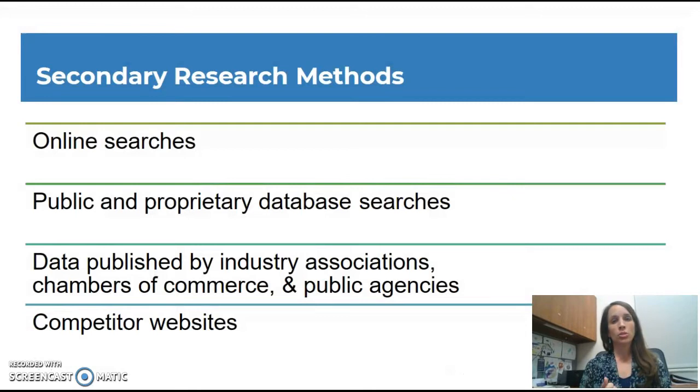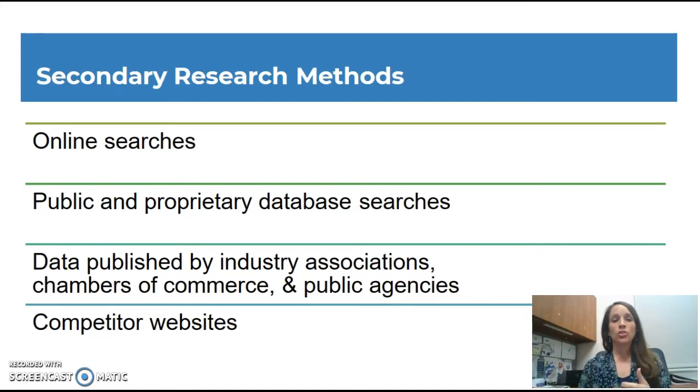Now, secondary research methods, of course, online searches, which you all probably do regularly all the time, but Kendra Spar has some excellent tips and hints when you're searching online to make sure you get legitimate sources. Public and proprietary database searches, which again, K-State Libraries has awesome proprietary database information that you all get access to as K-State students.